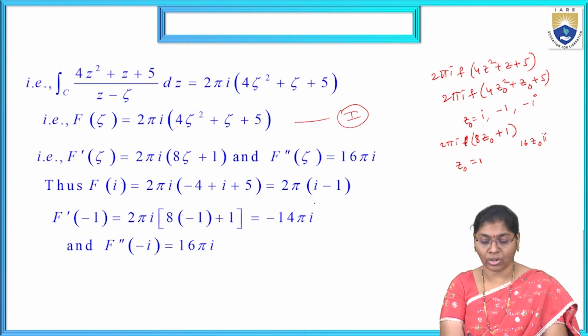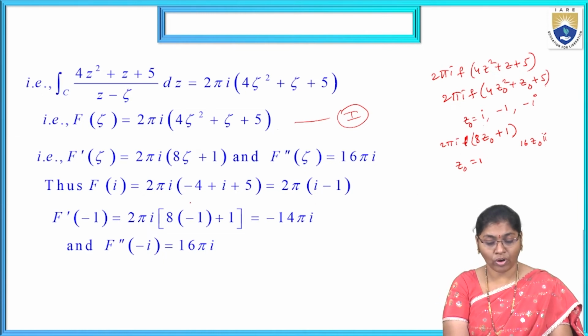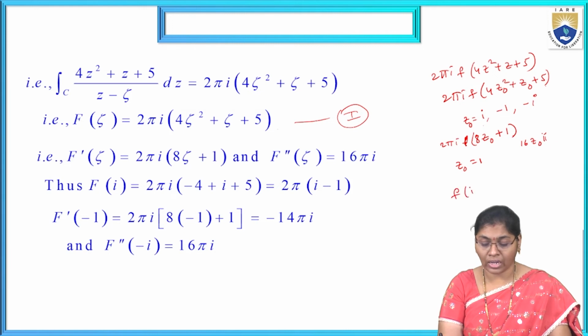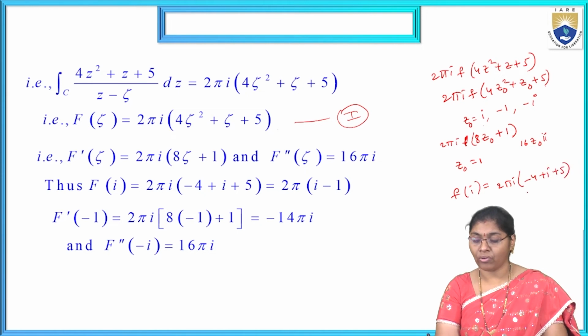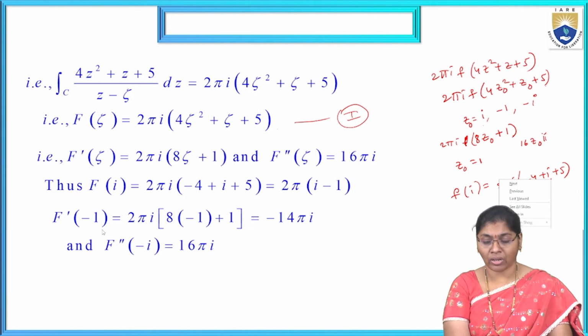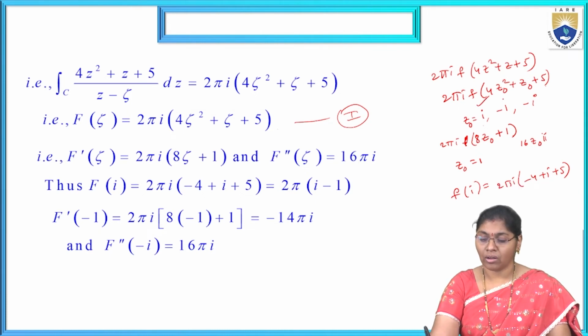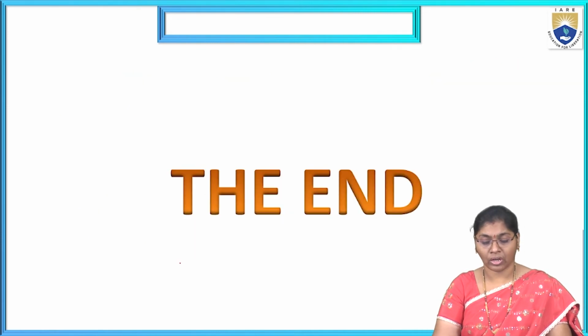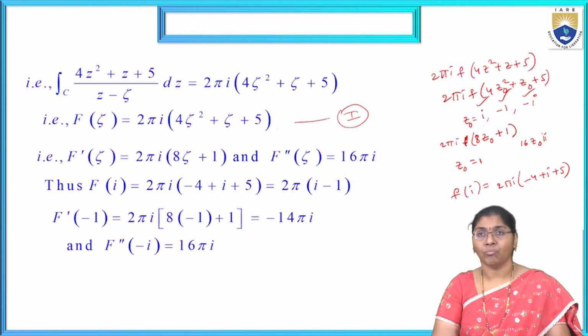Now similarly substituting each term: f of i equals 2πi times (−4 + i + 5), substituting i here. Then f of −1 and f of −i, which totally gives 16πi.